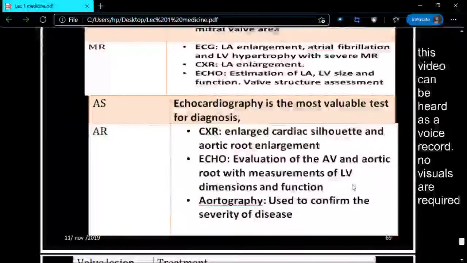During tests: CXR, echo, and angiography is special.